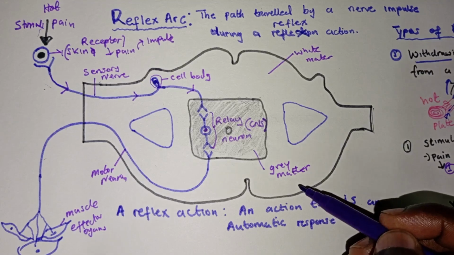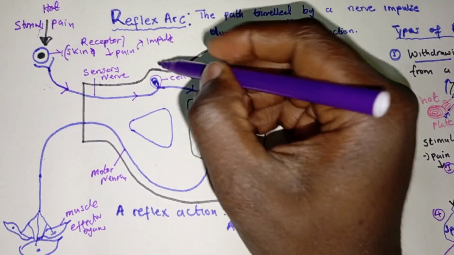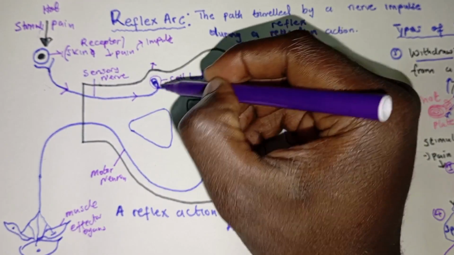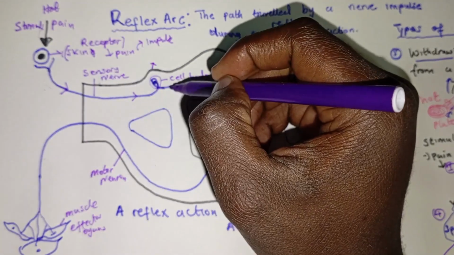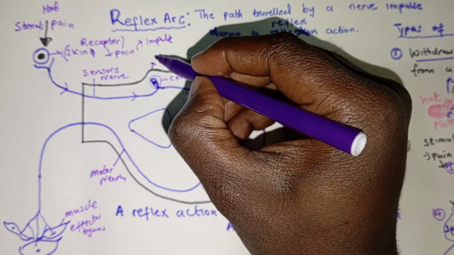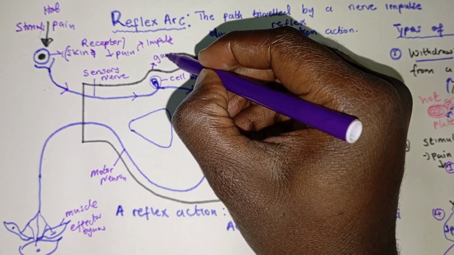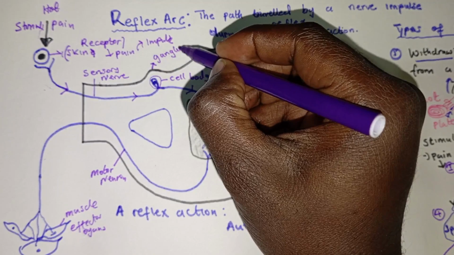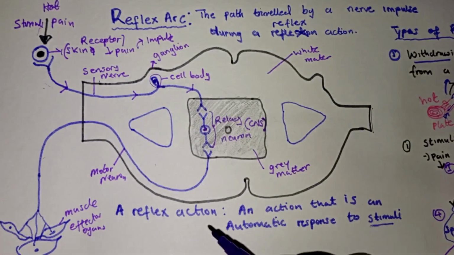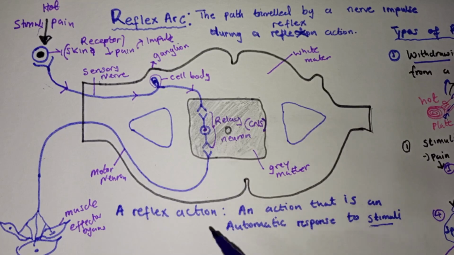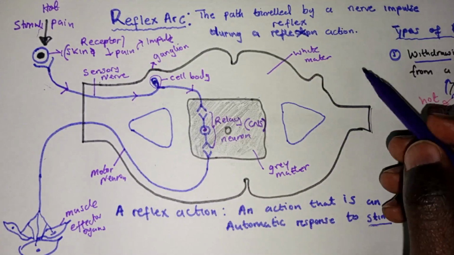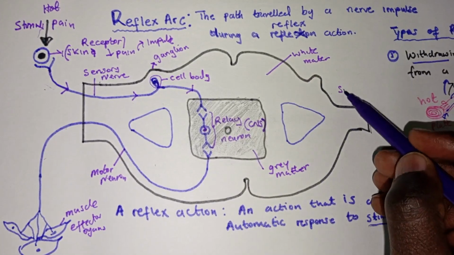Then this part here is called the ganglion, where the sensory neuron has its cell body. It's called the ganglion. And this is the spinal cord.